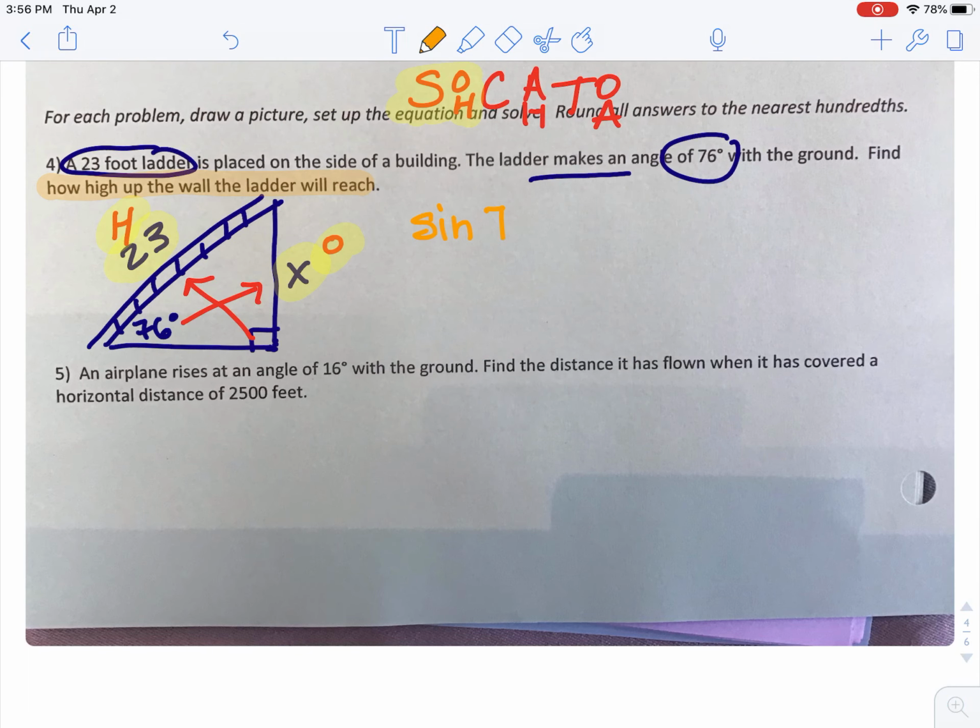I do sine of 76. Opposite on top, so that's x, over 23. In your calculator, do sine of 76, 0.9703. I think I rounded that. And then I'll cross multiply.